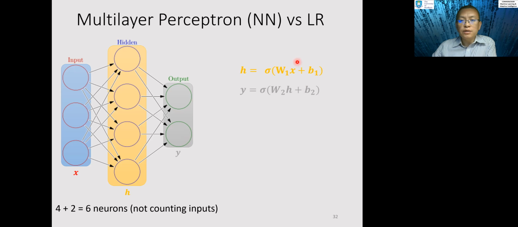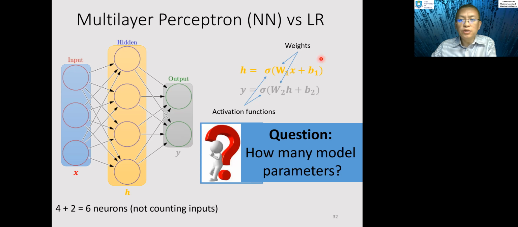And this is the sigmoid, the same sigmoid as we learned in logistic regression, for the hidden layer. And this is the sigmoid function for the output layer. And we can see the weights are W1 and W2, the activation functions are sigmoid, and you notice there are also 2 bias terms over here.